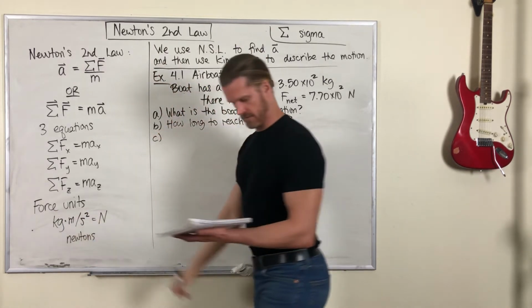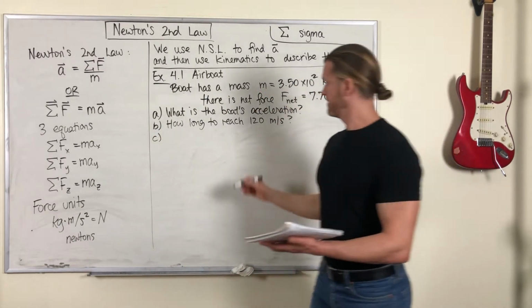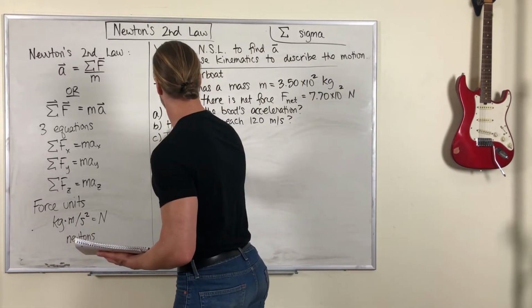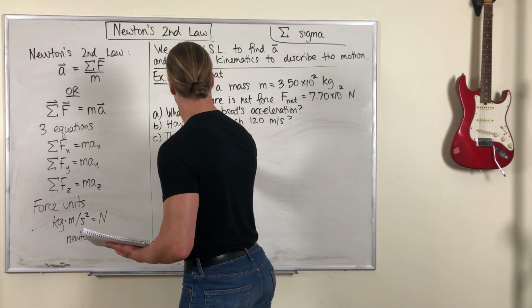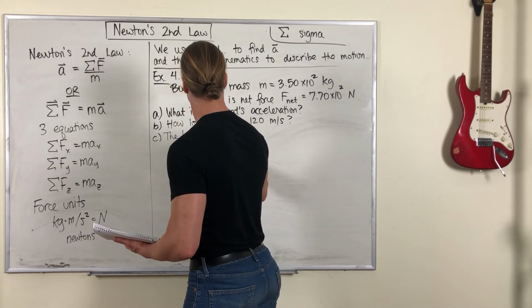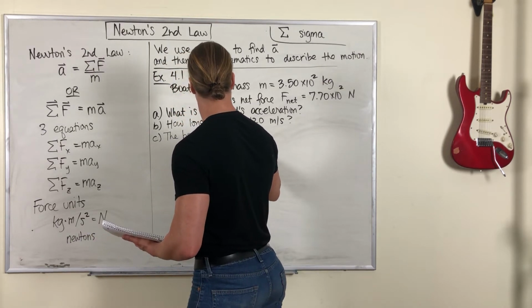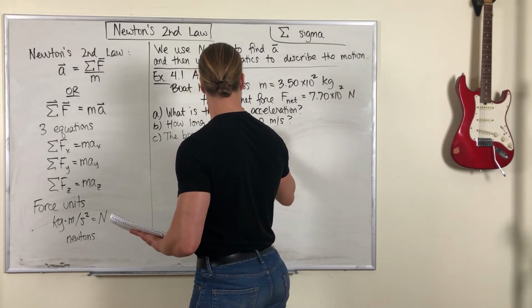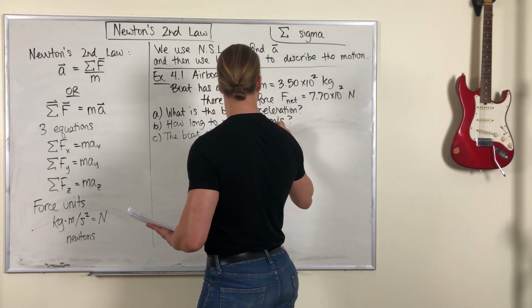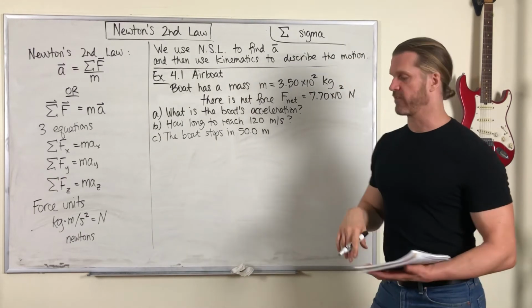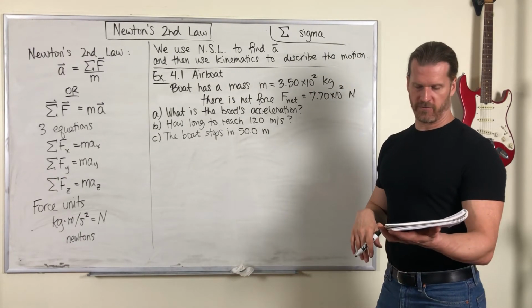And if the boat stops in 50 meters after reaching that maximum speed, then what is the resistance force on it?